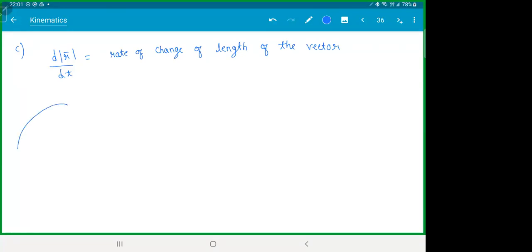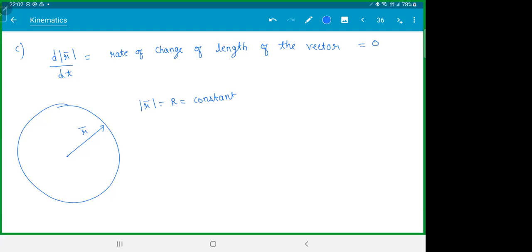So when you're going in a circle, is the vector changing? If you see, this r bar is changing, but mod r bar is constant. So what is this answer here? 0, isn't it? d mod r by dt is a rate of change of length of the vector.